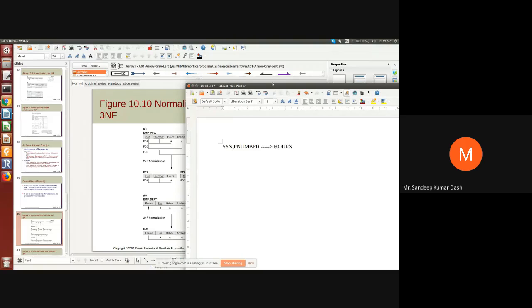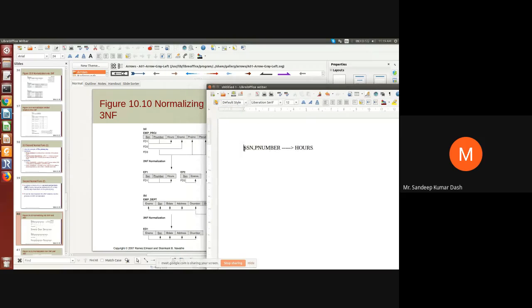This is your first functional dependency, FD1. Similarly, FD2 is SSN determining ename. It will be given like this, or this figure may be given. It will be better if you draw a figure like this one.